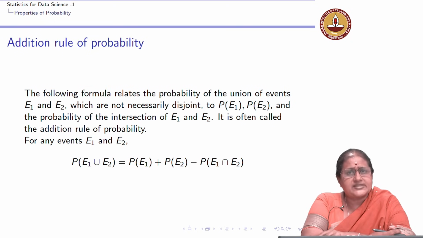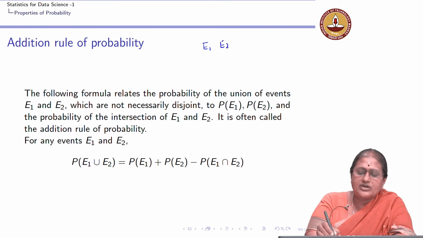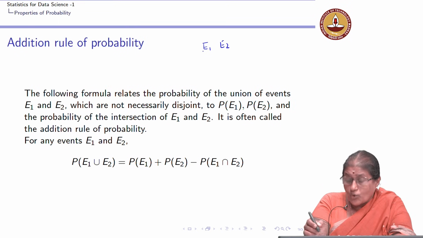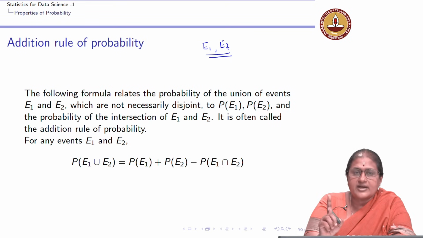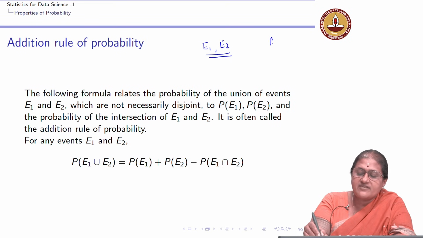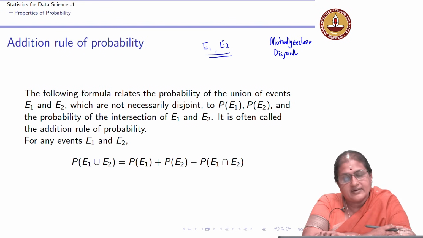The third axiom says very clearly it needs both E1 and E2. If I am talking about more events, one qualifier in the third axiom of probability was these events were mutually exclusive or disjoint. That was the important qualifier we had here.